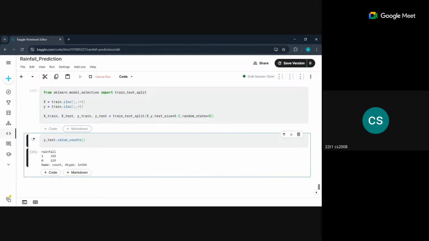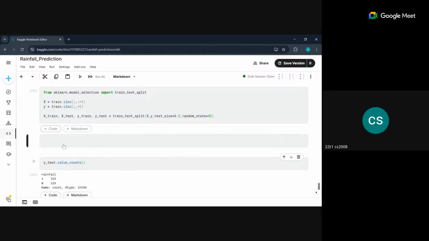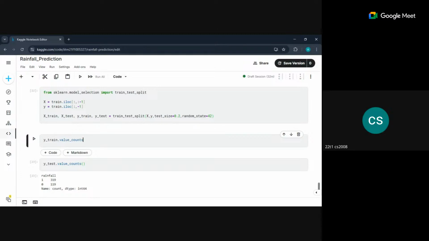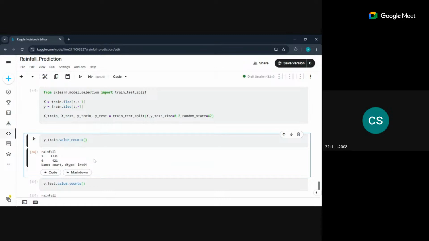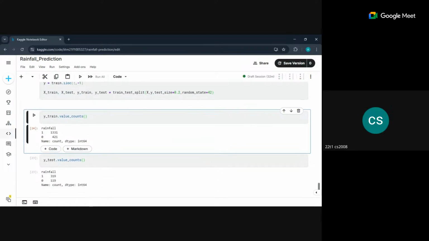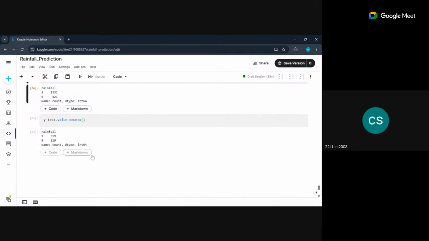You can go with these different approaches and see what kind of split it has ended up giving. If it looks okay to you, you can go ahead. More or less, the ratio seems to be quite similar, three times here and three times there, so we are okay with it.